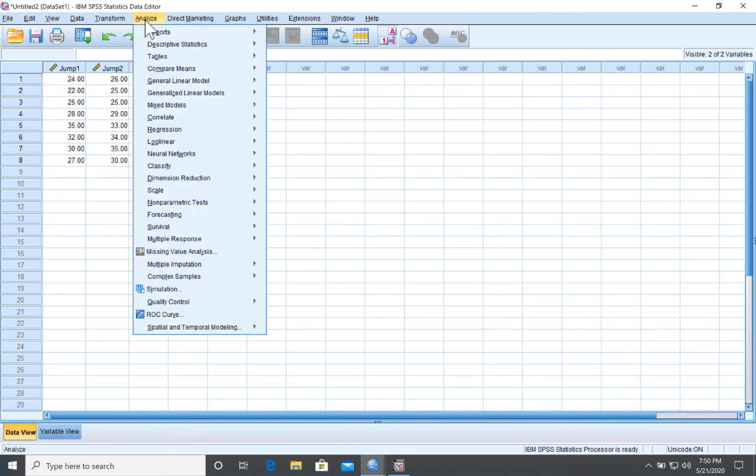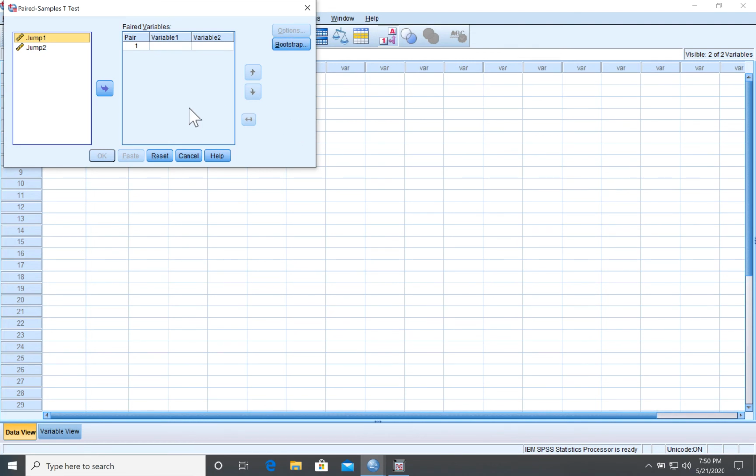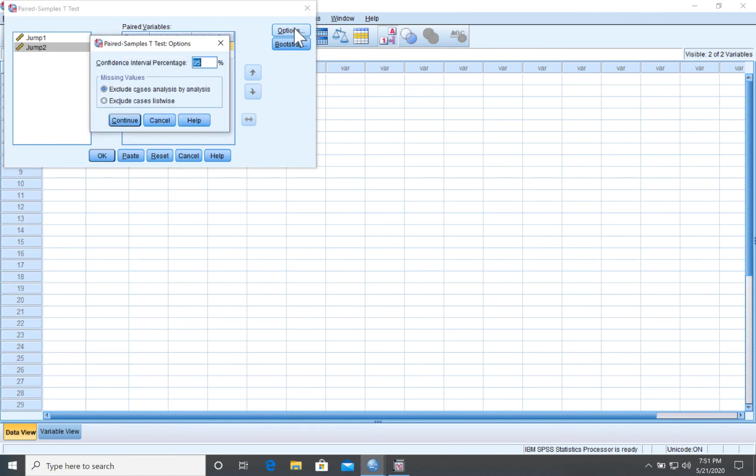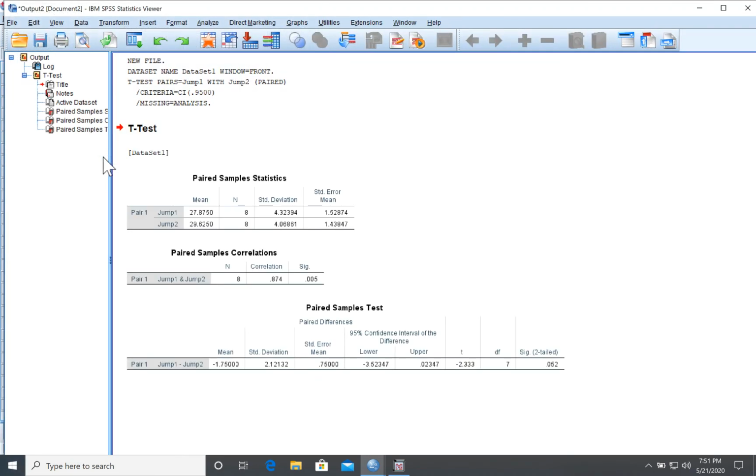So go to Analyze, Compare Means, Paired Samples T-Test, and we enter them in place of variable 1 and variable 2 respectively. Let's just take a look at options. We're not interested in the confidence interval. All right, let's just get the test.